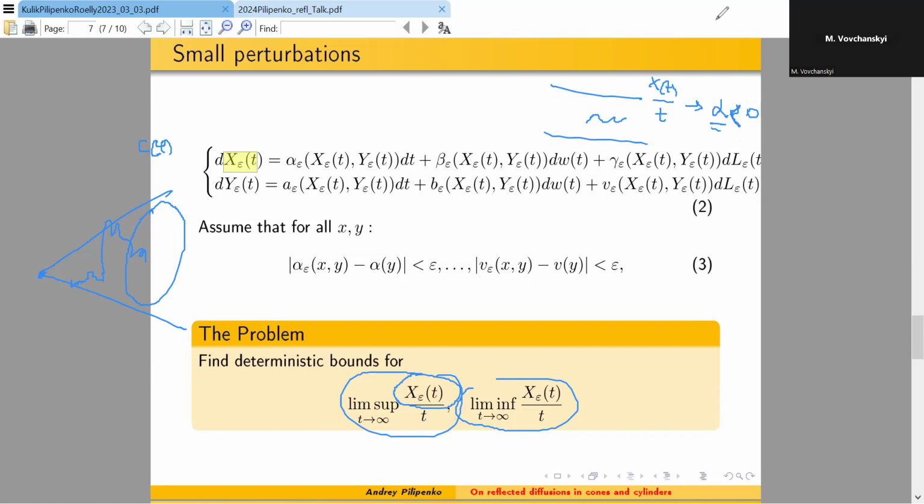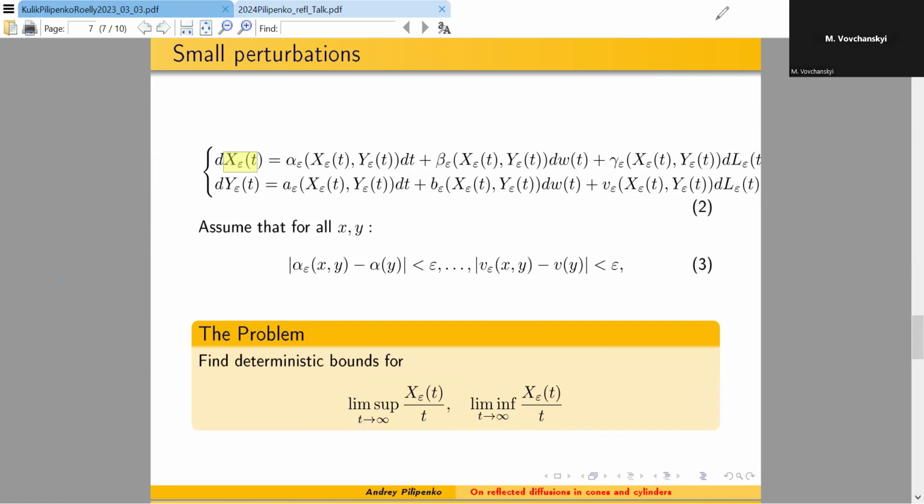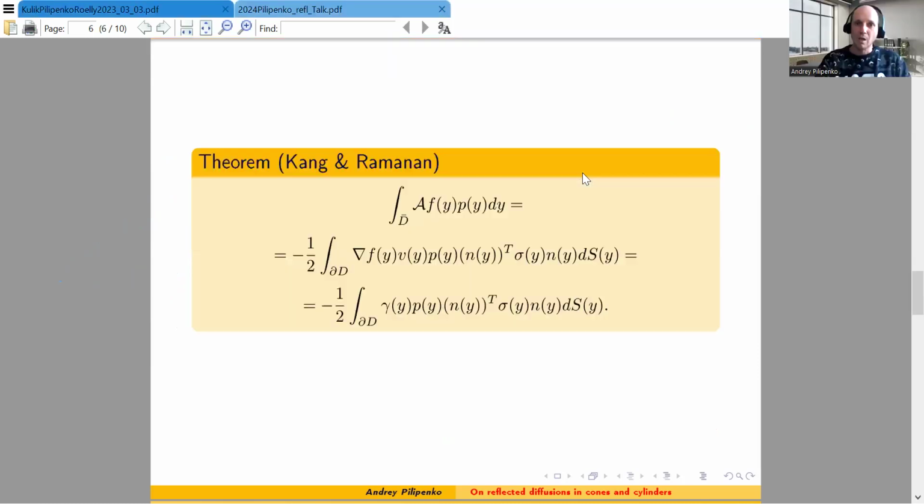I'm sorry, I have a question. How do you make the conclusion that the time is finite? Because of the inverse time change.